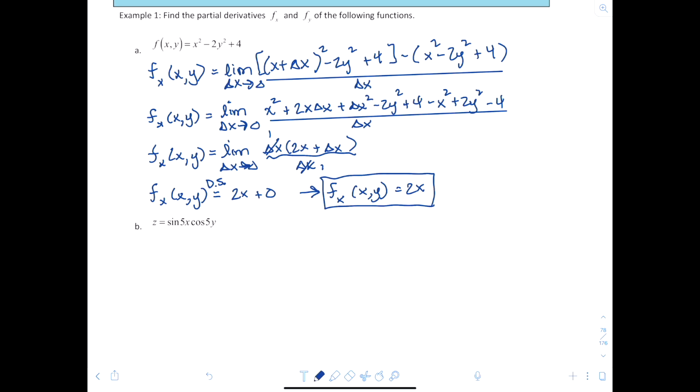All right, so now doing this, as you know, by treating y as a constant, right? Let me go ahead and add a page. So remember that f of x and y was equal to x squared minus 2y squared plus 4. So if I want to find the first partial derivative with respect to x, you use this curly d, okay?